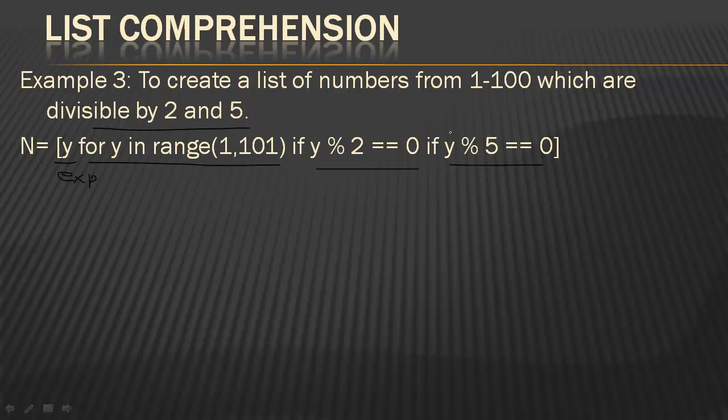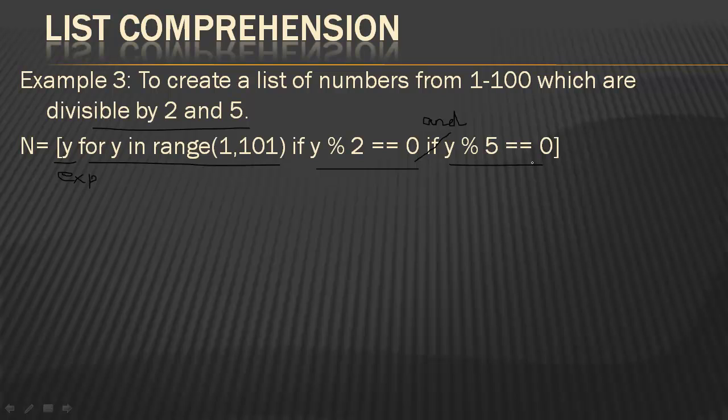What you could have done is also, you could have eliminated this if and just made use of the AND operator that we have learned. Even that way it would have worked. Is that clear? So this is the evaluated value that is going to be stored in the list for this range and for this condition.